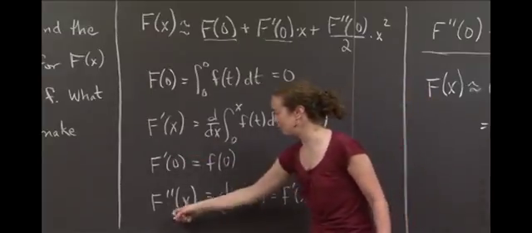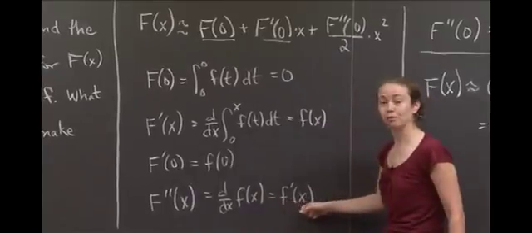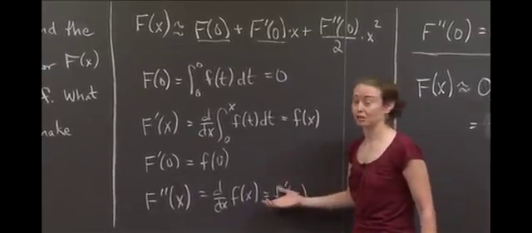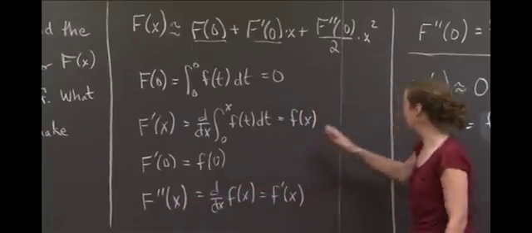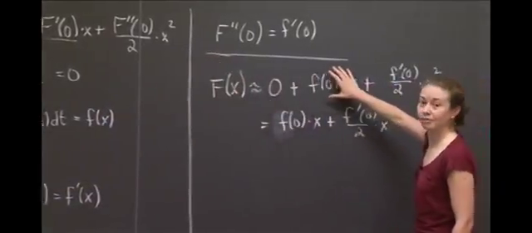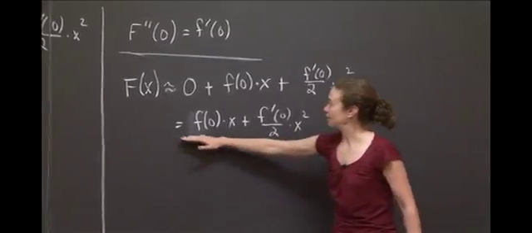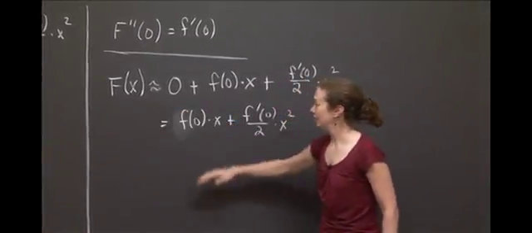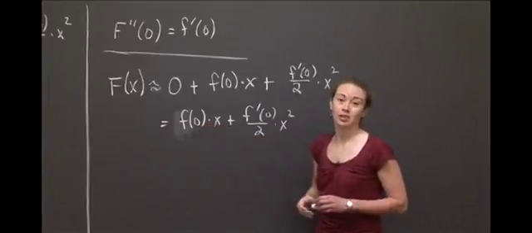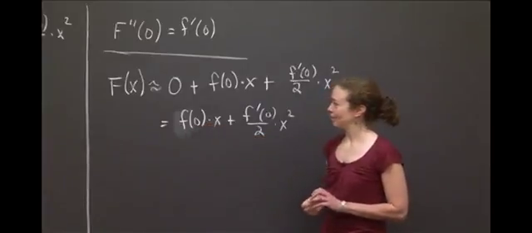And so we get big F double prime is actually little f prime. So we evaluate that at 0 to get big F double prime at 0. And then we come in and we just fill in everything we needed. And so ultimately, this is the final answer of the quadratic approximation of big F in terms of little f near x equals 0. So I think that's where we'll stop.